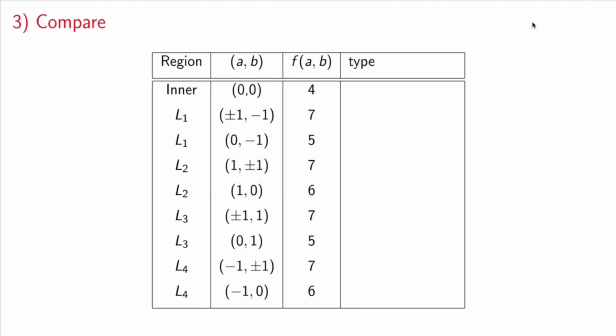So I've done this here in this table. I show the regions L1, L2, L3, L4 and the inner point at (0, 0). And then these are all the points I found, and these are all the values for f which I found. I can just read the result. So this is the absolute minimum. And then the 7s here are the maximal values.